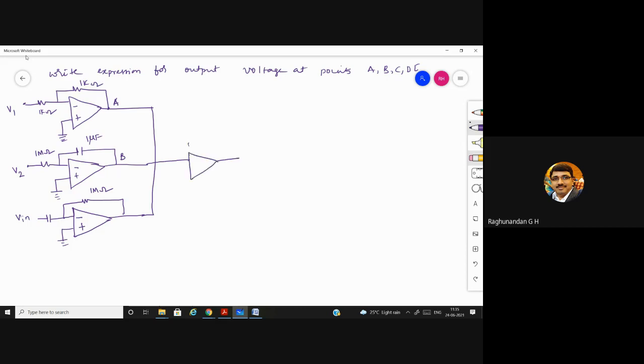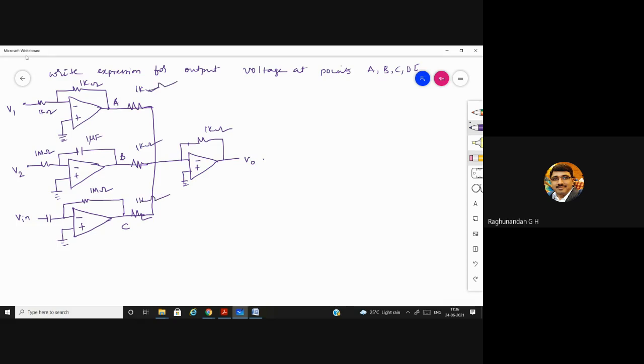Now this is very interesting. How are you going to find the output? Let's move to the next page, but this space might not be sufficient.